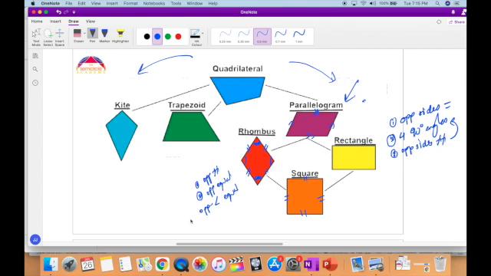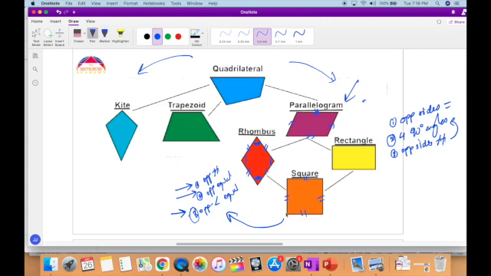So look at these three here. Does a square have these properties? In a square, are the opposite sides parallel? Yes. Are the opposite sides equal in a square? Yes. Are the opposite angles in a square equal?